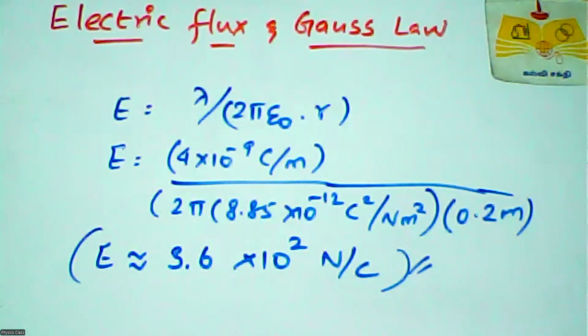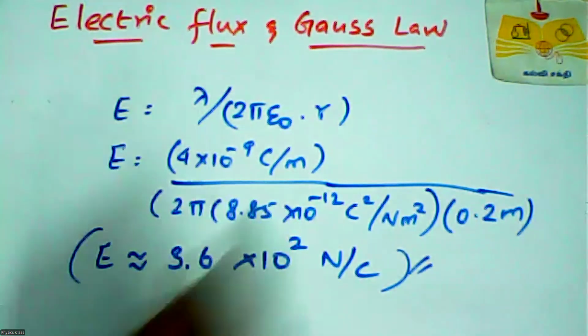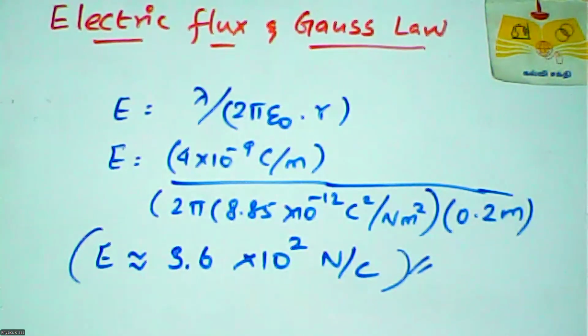So during a lightning strike, we have to sit inside the car or bus because, according to Gauss law, no electric field exists inside the charged conductor, since the charge distributes on the outer surface of the car, of the bus.